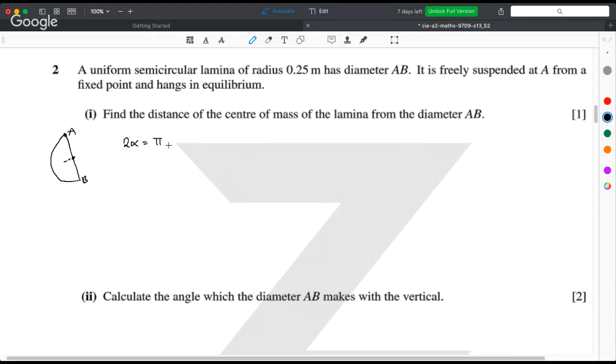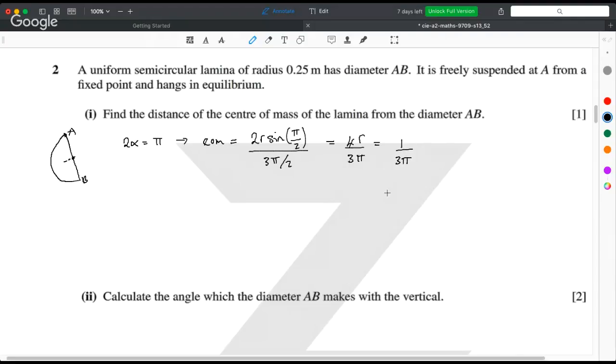So alpha is not equal to pi, it's equal to pi over 2. So we plug in pi over 2 wherever we see alpha in the formula booklet, so it's going to be 2r sine of pi over 2 all over 3 pi over 2, which is 4r over 3 pi. And if you plug in r, which is a quarter, you get 1 over 3 pi.